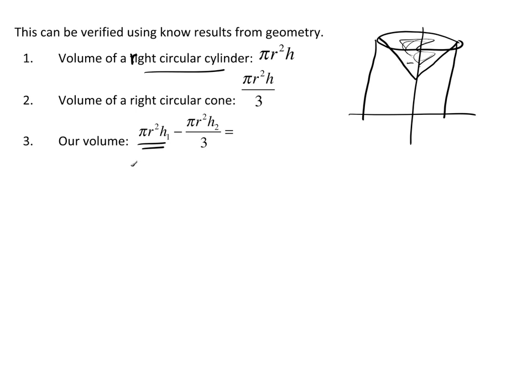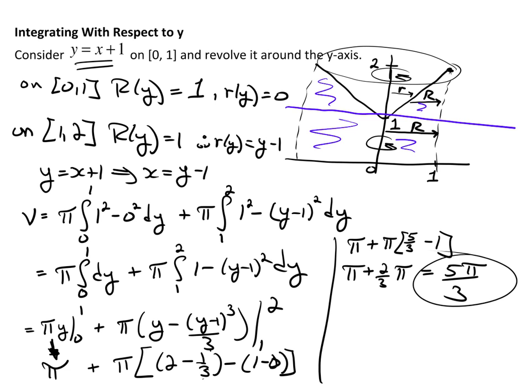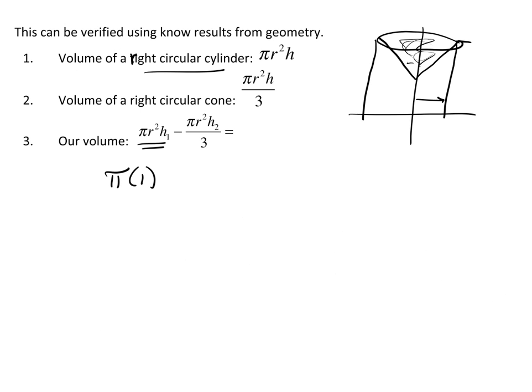So here I'm going to have pi, r is 1, and h, remember this came up to, where was it? I think it was 2, wasn't it? Yeah, that came up to 2. So h is 2. That's the volume of all of this, minus pi times r.